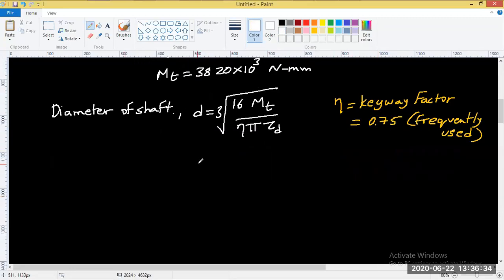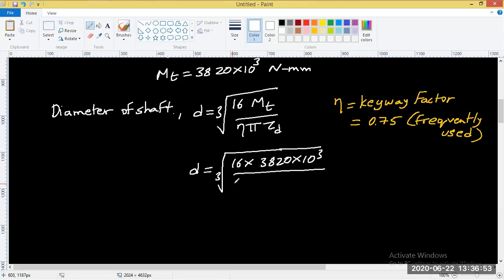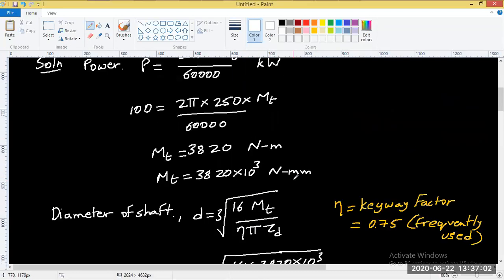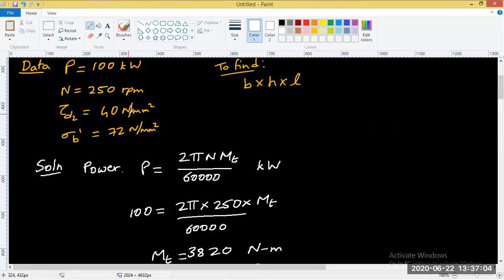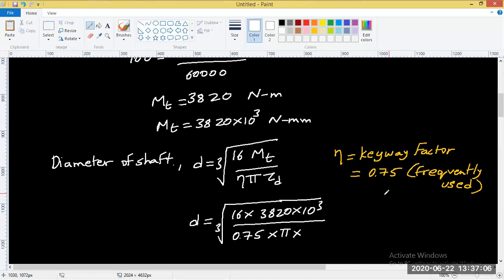So d equals the cube root of 16 into the torque, not 28, 3820 into 10 power 3, divided by 0.75 into pi into tau. Tau was given in the question, 40.